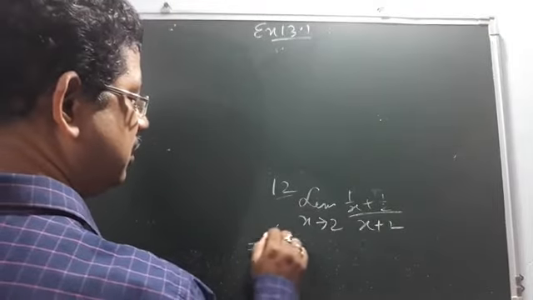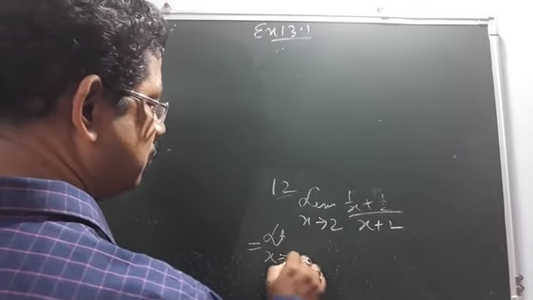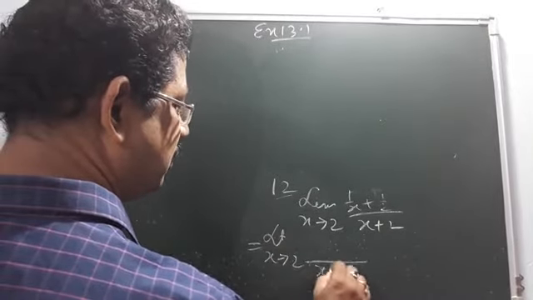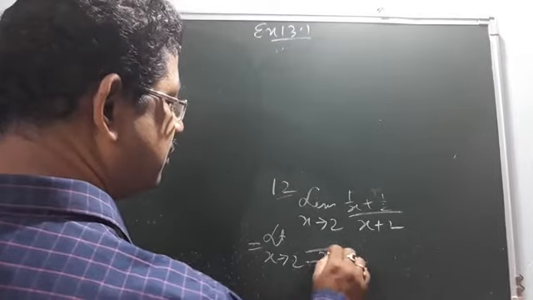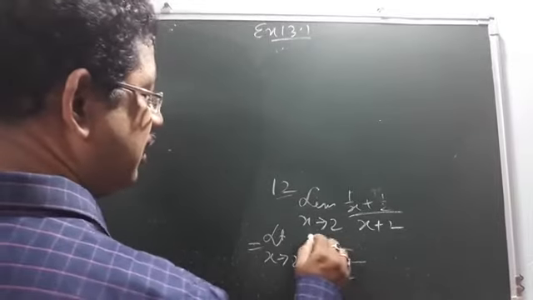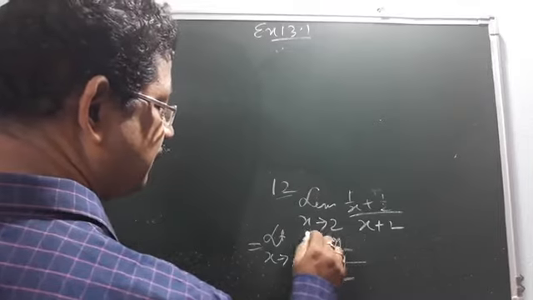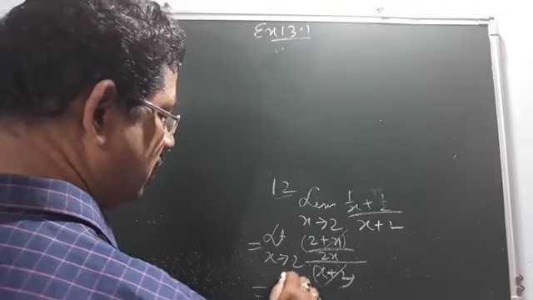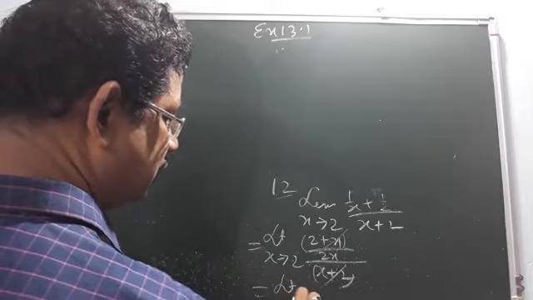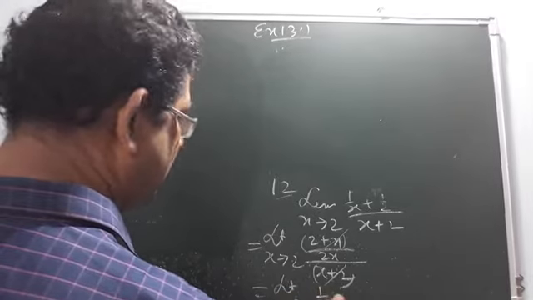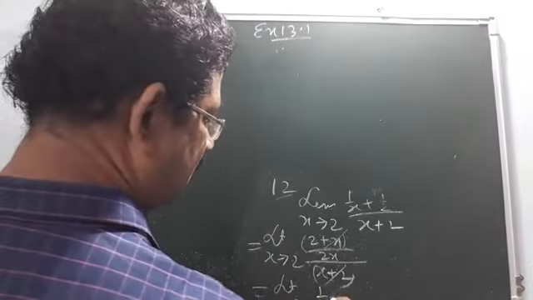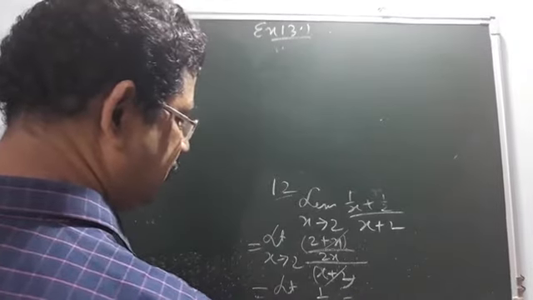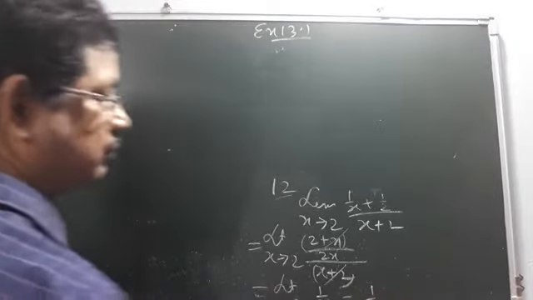So you see limit x tends to 2, if we take LCM, it is twice x, and here 2 plus x. This is actually the same. You can cancel these two, and we get limit x tends to 2 of 1 by 2x. Now if we replace this x by 2, it is 1 by 4.